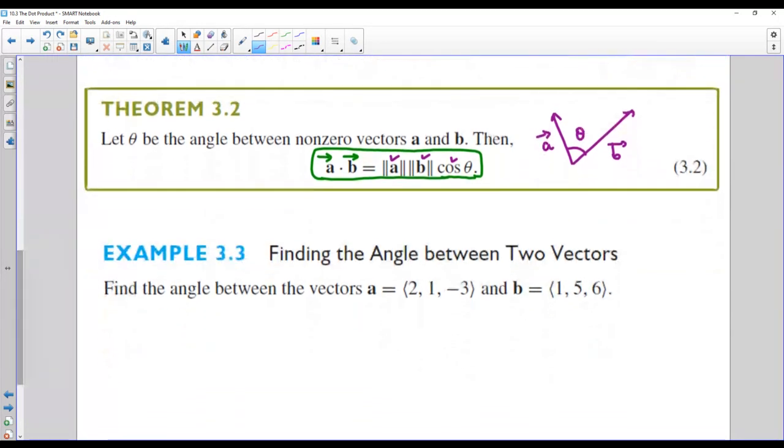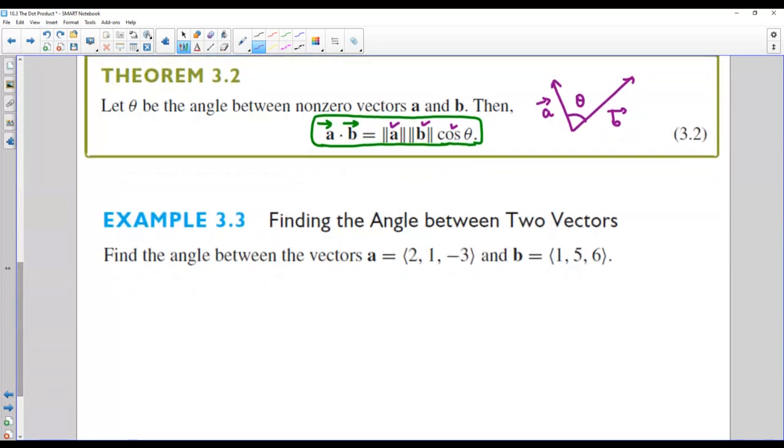And this rule, we can use it in many ways. We can use it to find the angle theta. You can change, of course, this formula.